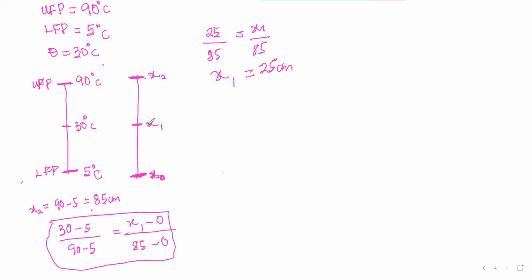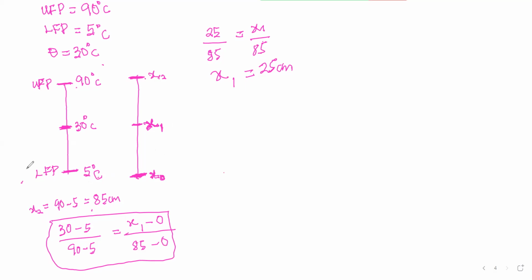So I'm looking for the length of the mercury at this temperature of 30, and that is what I've represented as x1. So x naught is the length of the mercury at 5. x2 is the length of the mercury at 90. x1 is the length of the mercury at 30.